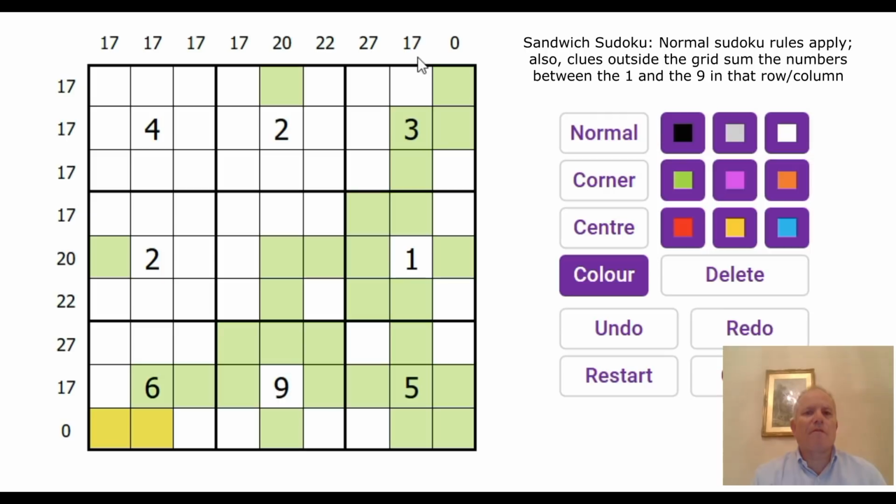Now, 17 is not a very useful number in the sense that it could be made up of 3 digits or 4 digits. And in, say, column 2 here, with this 17, the numbers between 1 and 9 have to be either 3 or 4 digits.